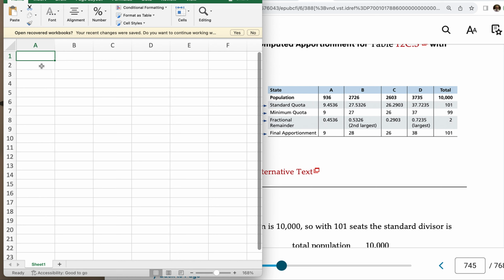So they have the state and they have the population. And then they had the standard quota. And they had the minimum quota. And then they had the fractional remainder.